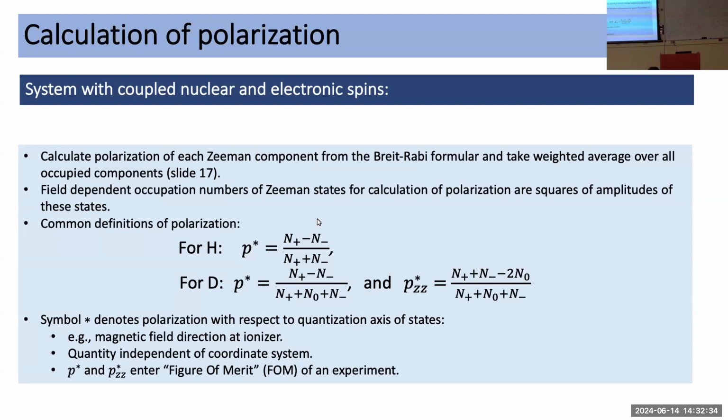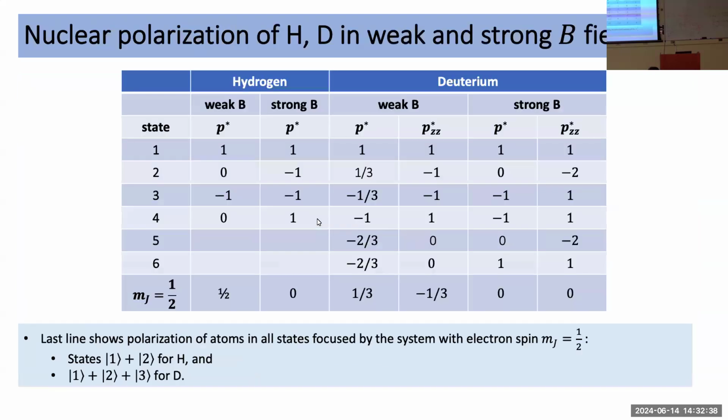So it's important to consider that these quantities should be large in your experiment. Okay, so now if you have hydrogen and deuterium in weak and strong fields, you can just look at this equation from Breit-Rabi, compute the polarization, and you get to this table. I don't really want to dwell on that much.